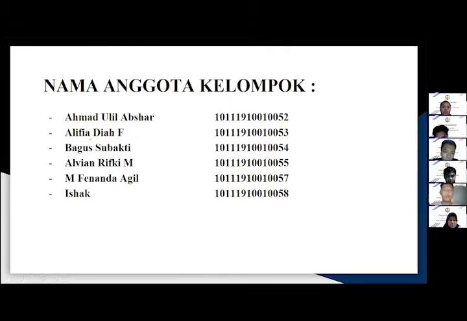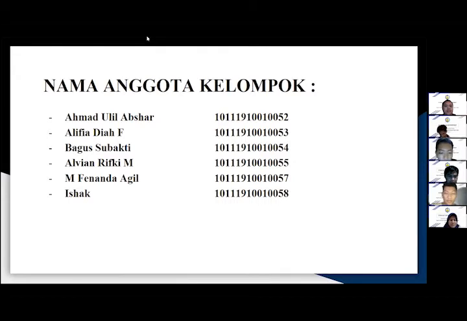This is our member. The first one is, my name is Ahmad Absar and my last NRP is 52. And then my name is Alivia De Febrianti, my last NRP number is 053. My name is Bagus Subakti, my last NRP is 054.